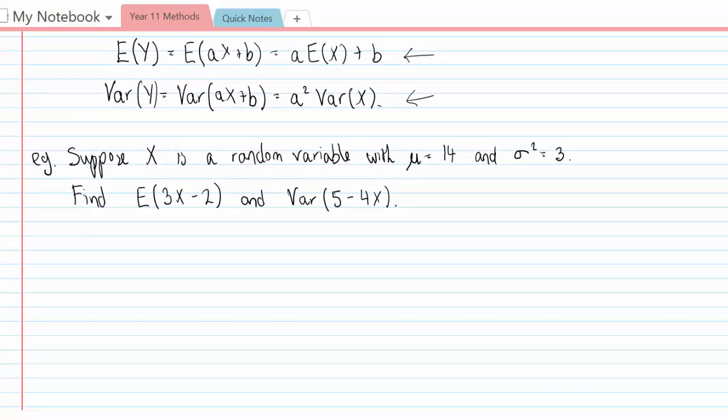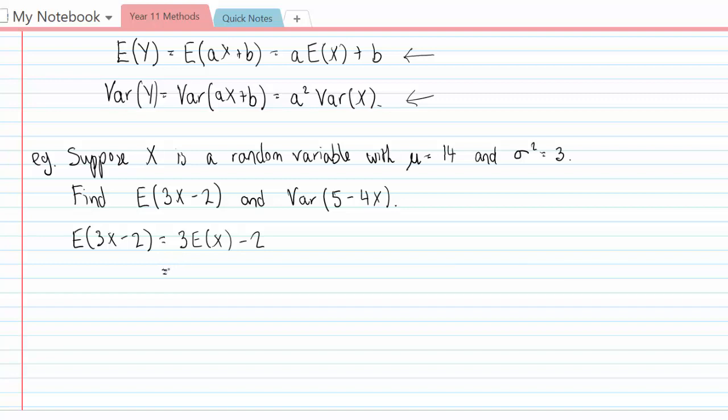So we know that x is a random variable with an expected value of 14 and variance of 3. So to find the expected value of 3x minus 2, that is some other function of x, so we could call it the expected value of y, then E of 3x minus 2, just following the rule above, is going to be 3 times the expected value of x and then minus 2.